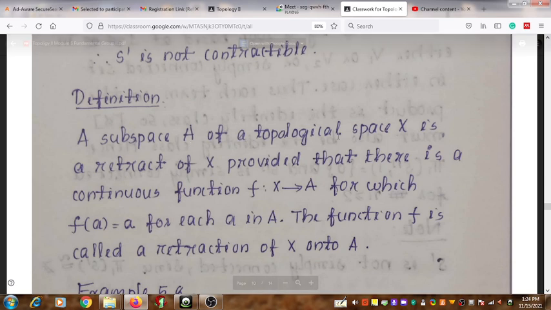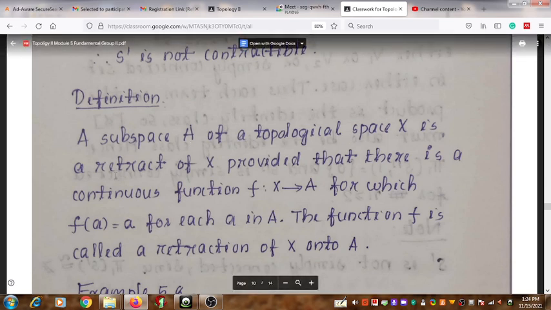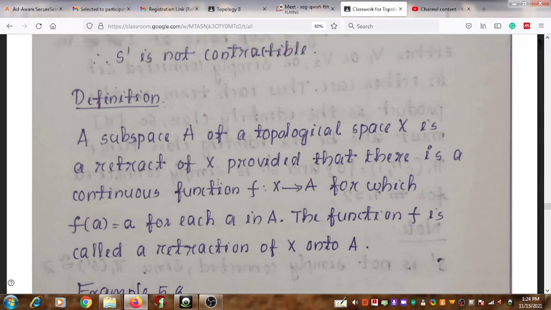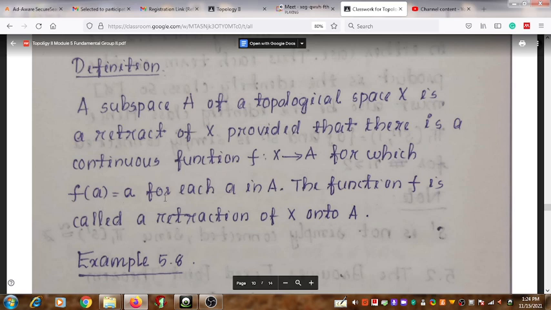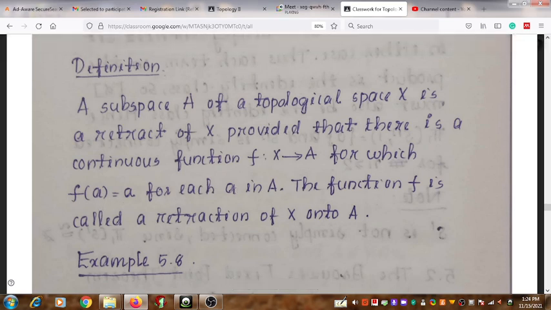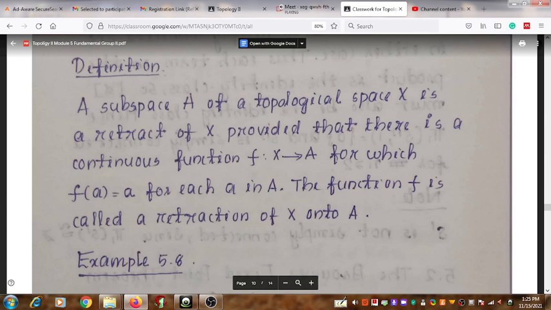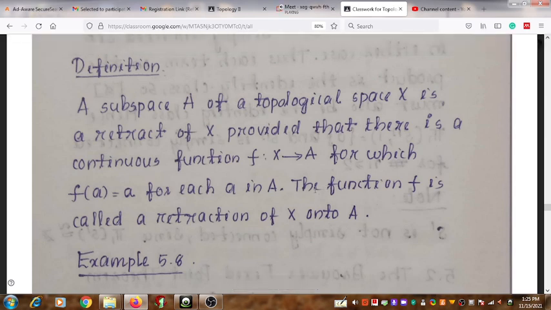A subspace A of a topological space X is called a retract of X, provided that there is a continuous function f defined from X to A, for which f(a) equals a for each point a in A. For each arbitrarily taken point a in A, f(a) equals a.